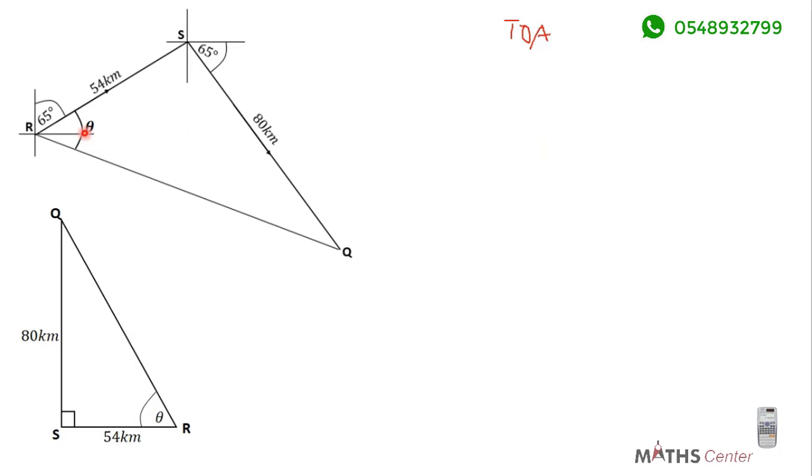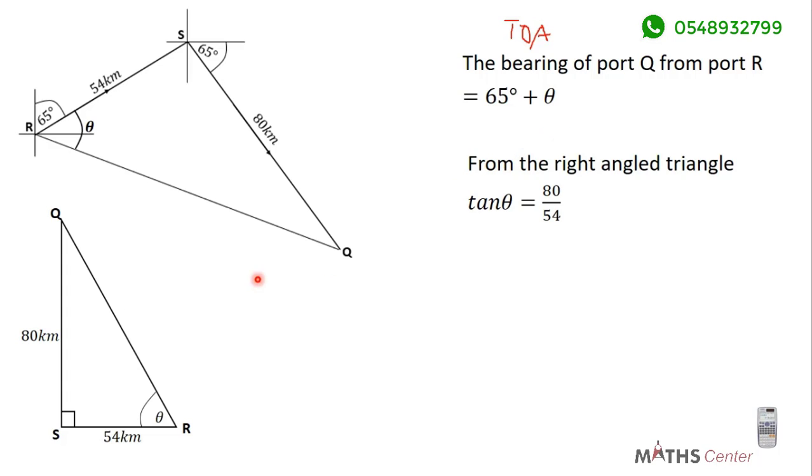Okay, so as soon as we are able to find theta, we can say that the bearing of port Q from port R will give us 65 degrees plus theta. So let's find theta. From the right angle triangle, tan theta is equal to opposite, which is 80 kilometers, divided by adjacent, which is 54 kilometers.